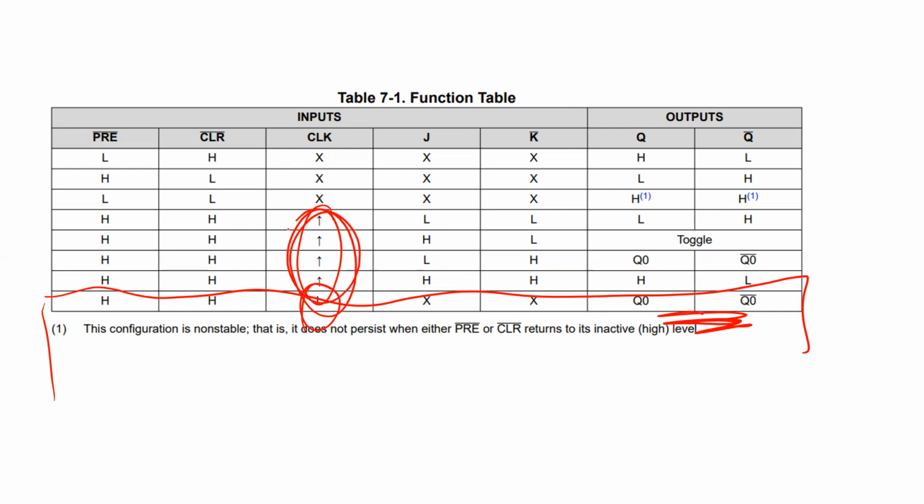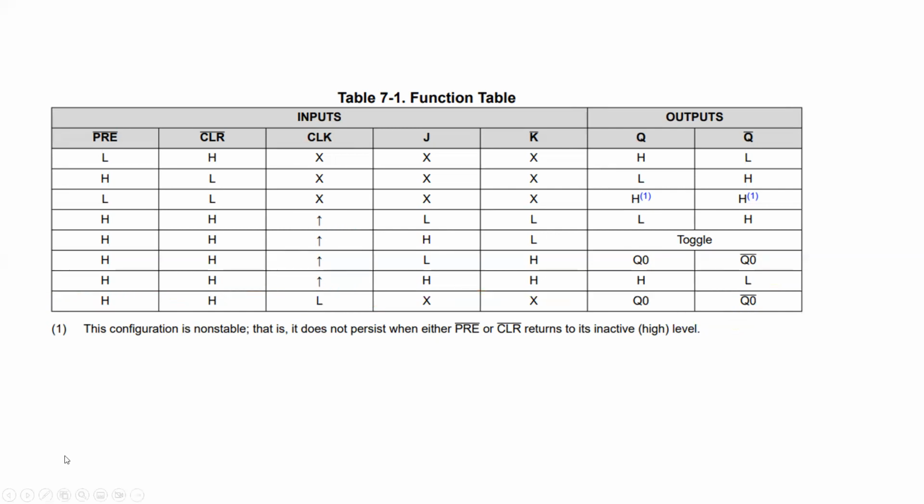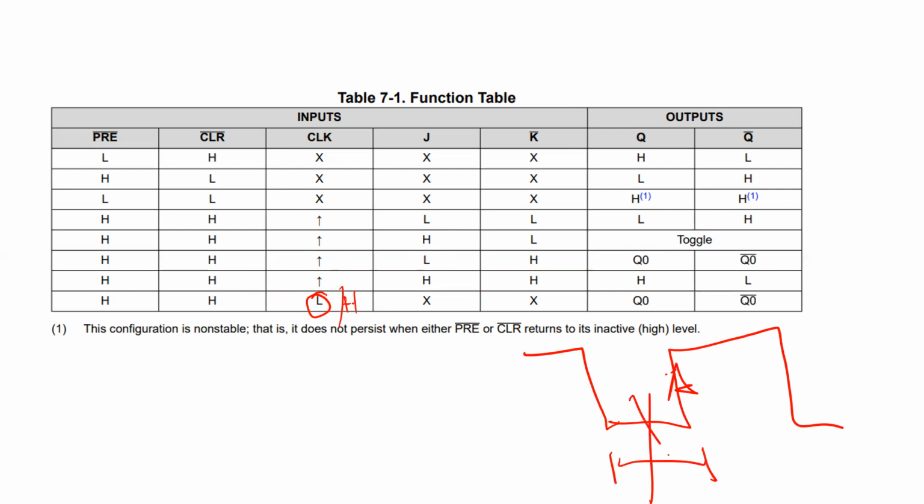I'm just surprised why they say low here, because it's the same thing if it is high. If you have a clock this way, the action will be taken at the rising edge. When it is 0, still no action. When it is high, also no action. It has to be a rising edge, and this is expressed here.